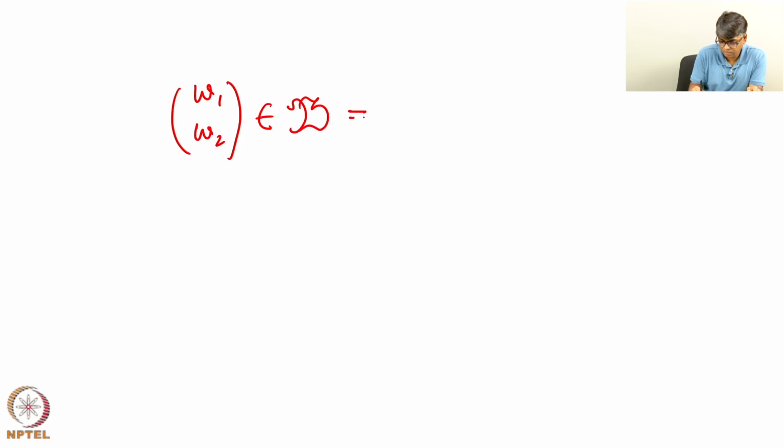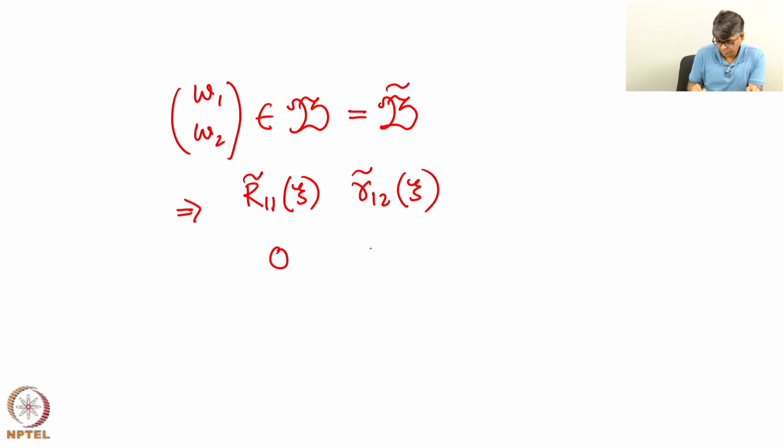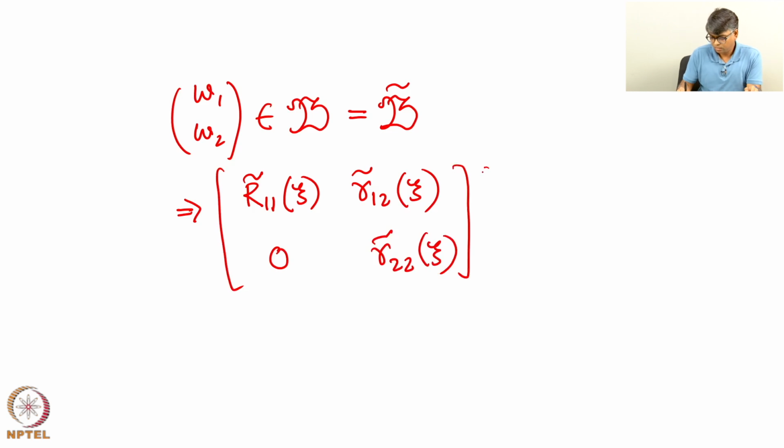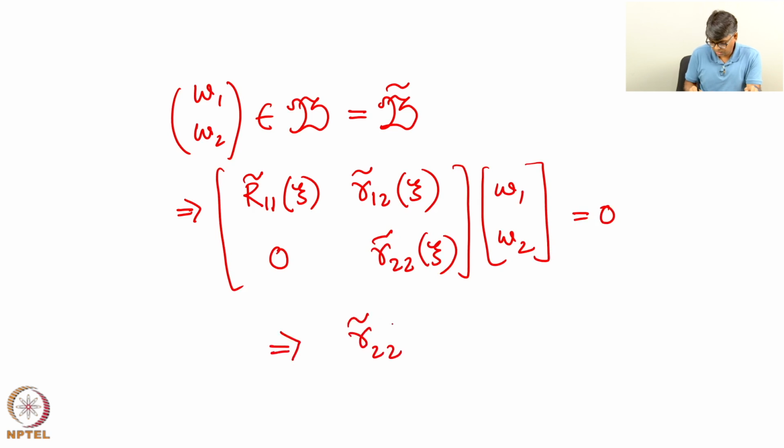This means this w1 and w2, which is in B, must also be in B tilde, because B and B tilde are equal. But that means R11 tilde(ξ), R12 tilde(ξ), 0, R22 tilde(ξ) applied to w1, w2 must be equal to 0, which then means R22 tilde(ξ) w2 is equal to 0.